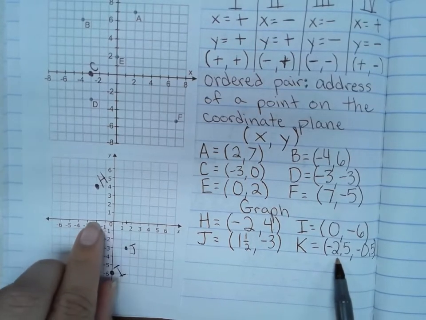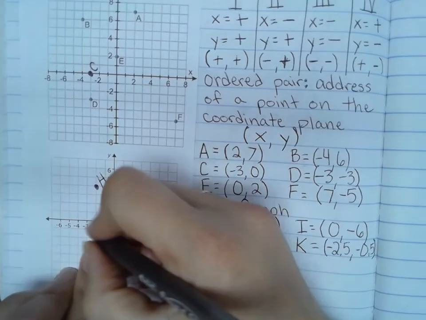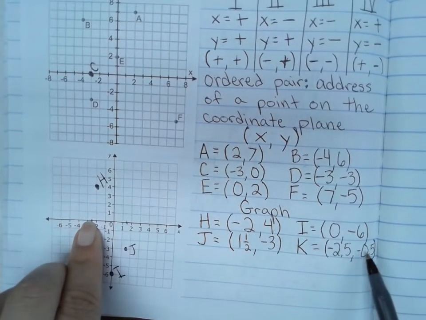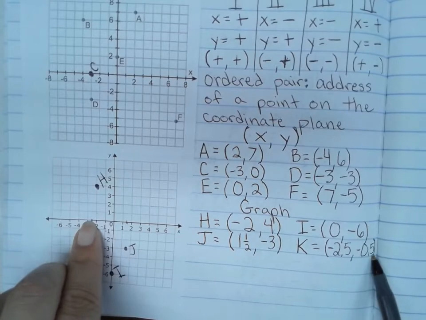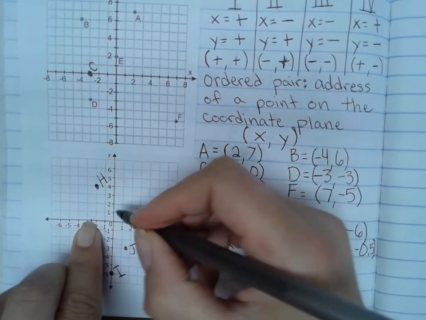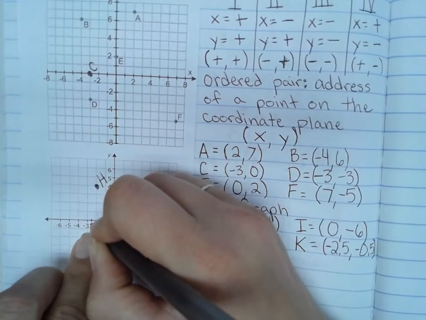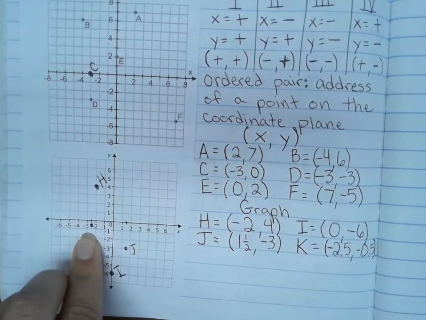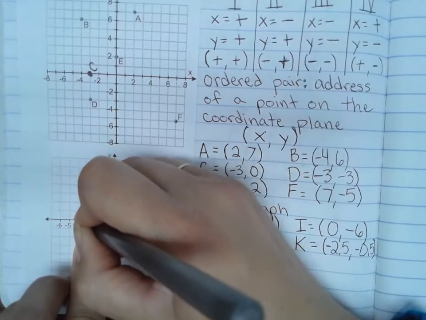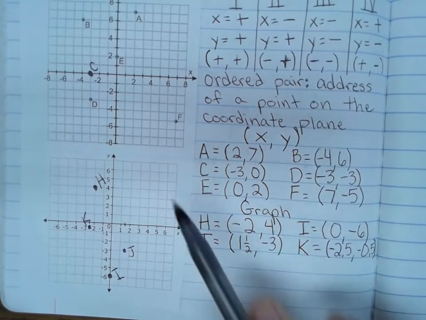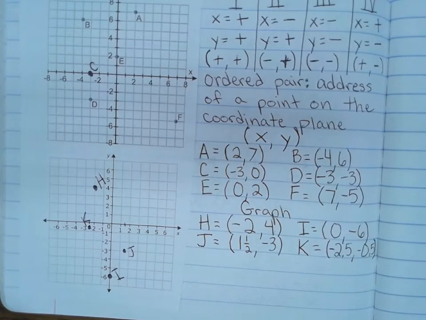So 2.5 is the same as half, so I can find it right there. But then I also want to go down half a unit, so I'm going to go down half a unit. It's going to be right there. Okay, and we'll label that one K. So that's how you graph. If you can read them, graphing them is no problem. It's just the other way. You have the address and you need to put it on the graph.